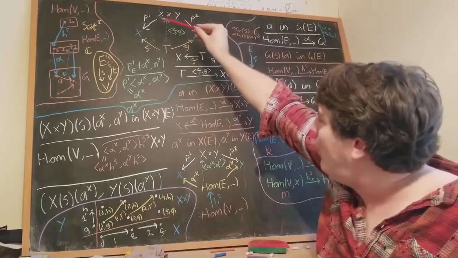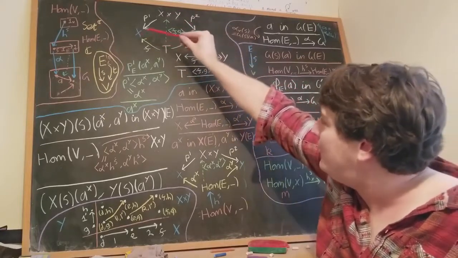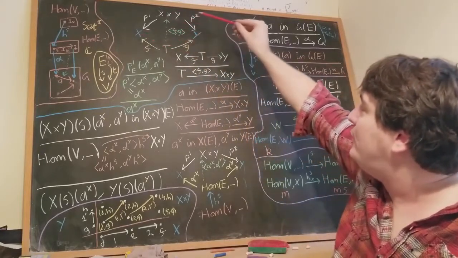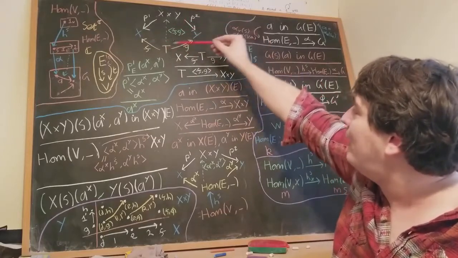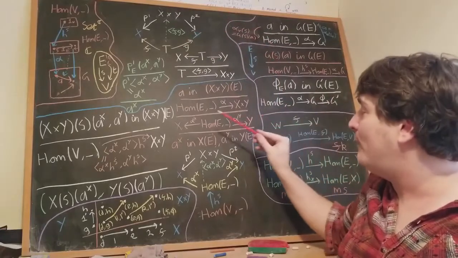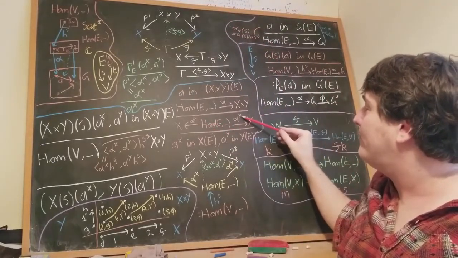If we do P1 after alpha, we get the first component of this arrow. And if we do P2 after alpha, we get the second component. So let's call the first component alpha^X and the second component alpha^Y.